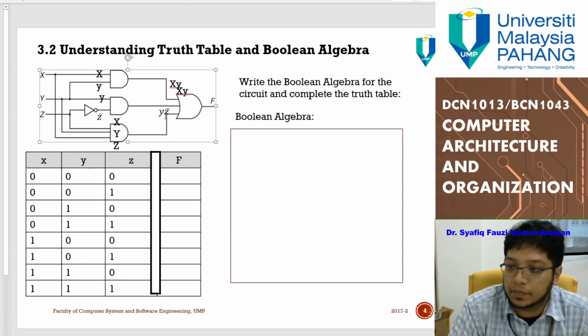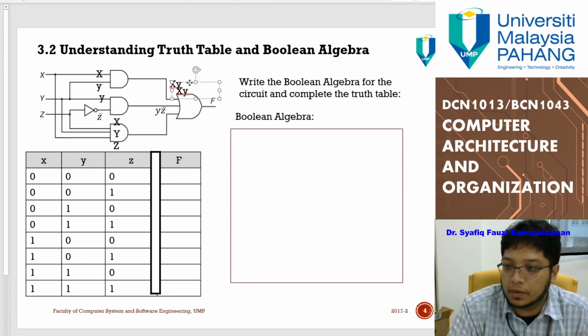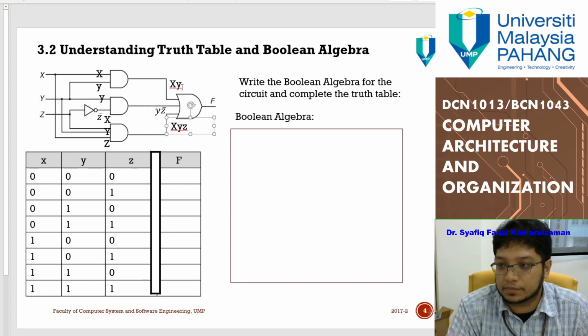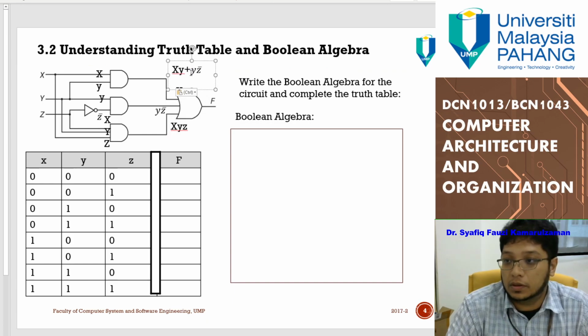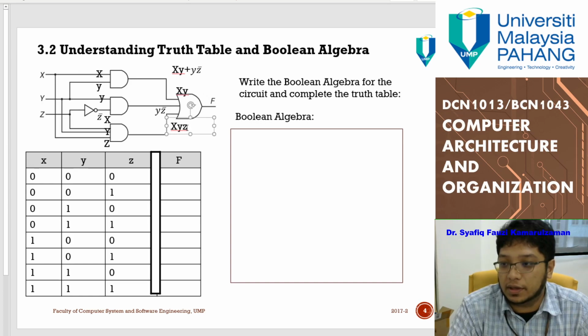And the third one is X, Y, Z coming in. So at the end, the result is XY plus YZ bar plus XYZ.